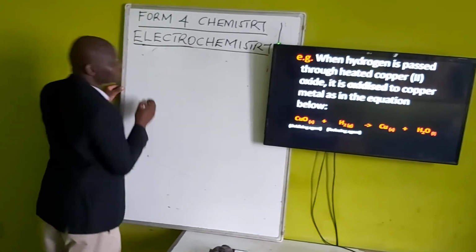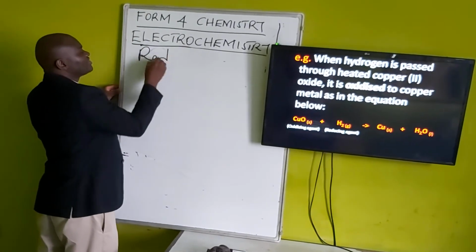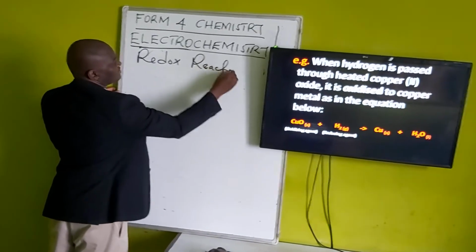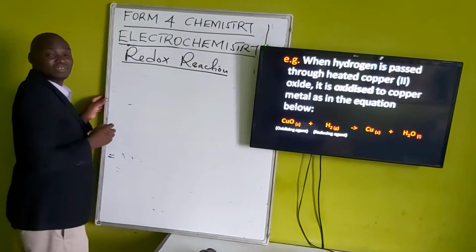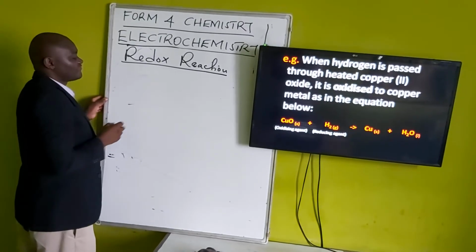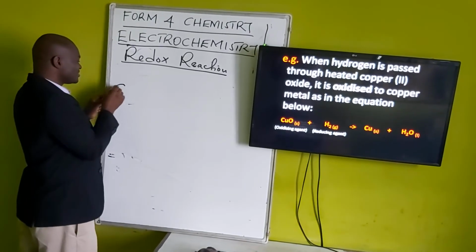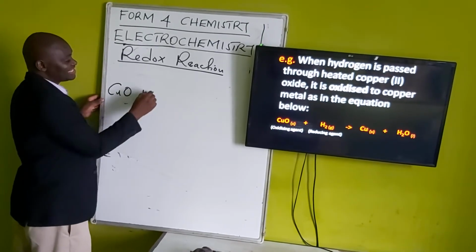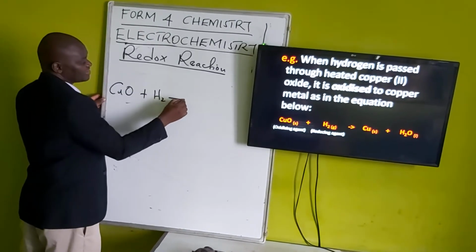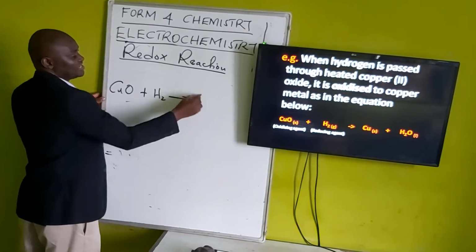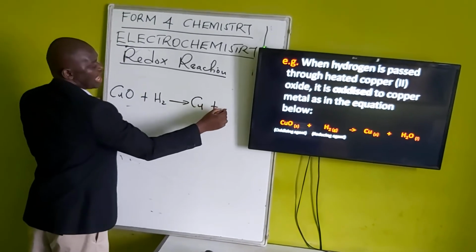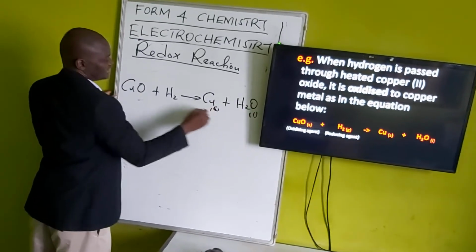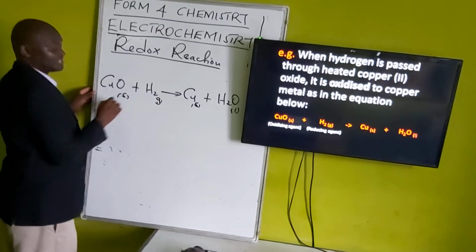Now we are talking about redox reaction. First, if you take copper II oxide and heat it, then pass hydrogen over the hot copper II oxide, you remain with copper and you form water.